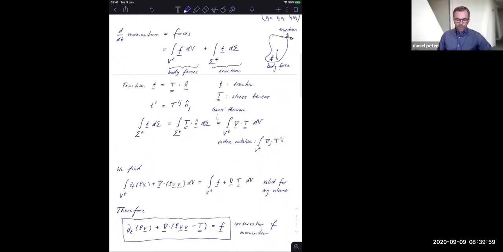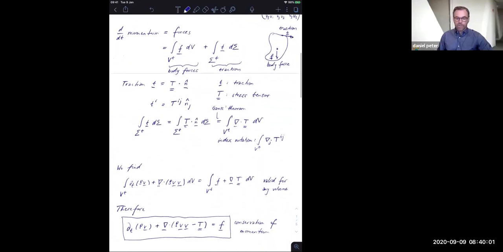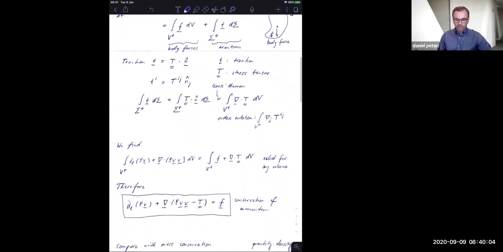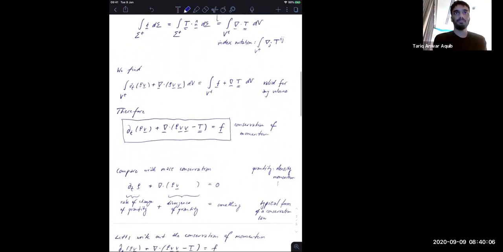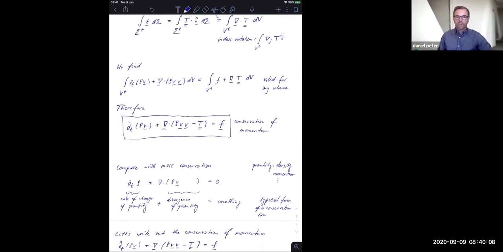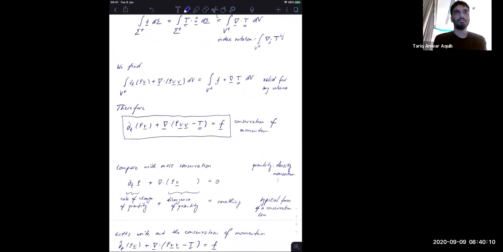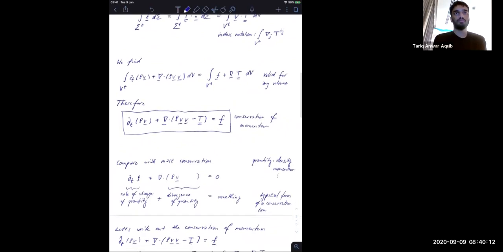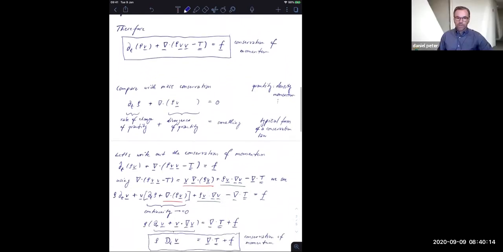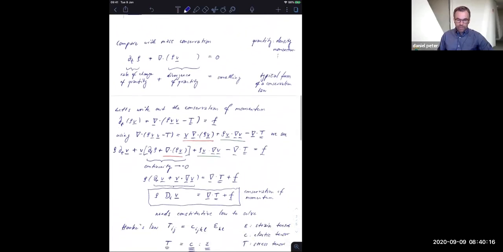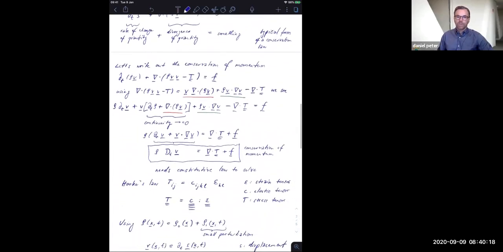Then we split up the forces into body forces and tractions, and then ended up with this conservation of momentum equation. Here we can rewrite this a little bit in terms of the material derivative.